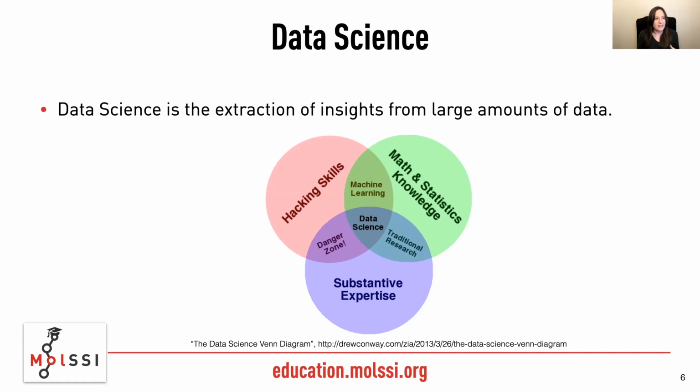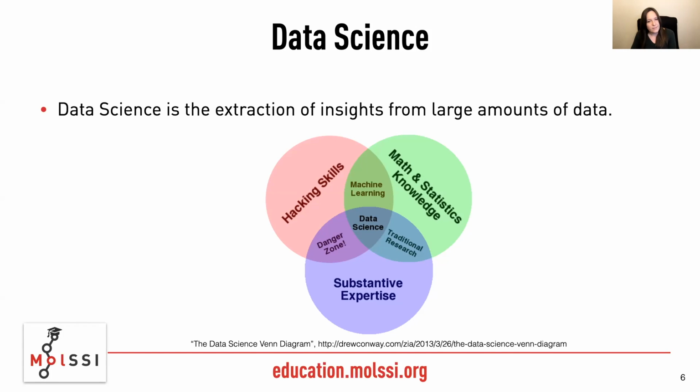In order to be a data scientist, there are a lot of different skills that you need. And this figure is something called the data science Venn diagram. And that highlights different skills that you need in order to be a data scientist. And a lot of these do happen to overlap, I think, with science.